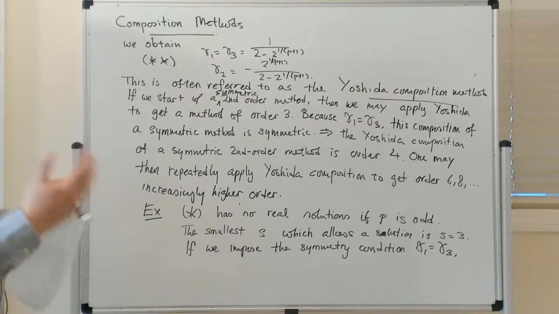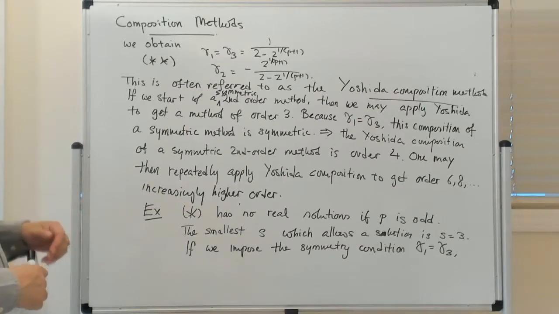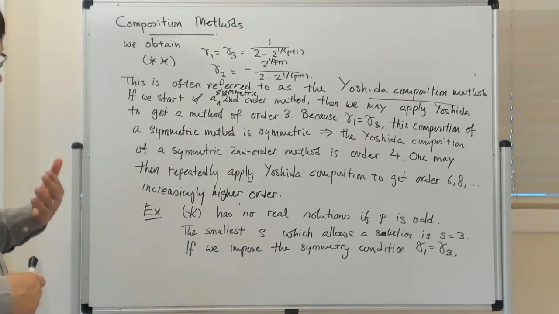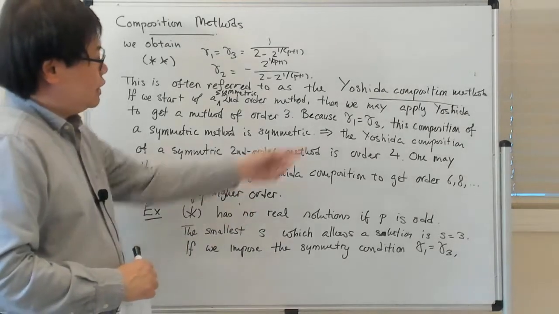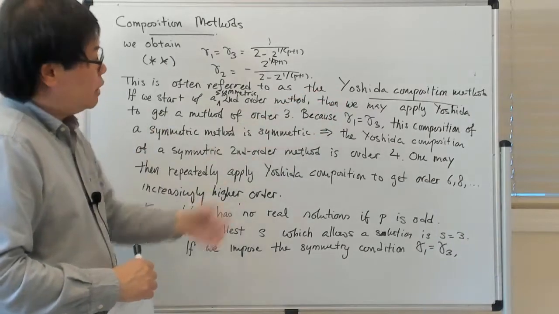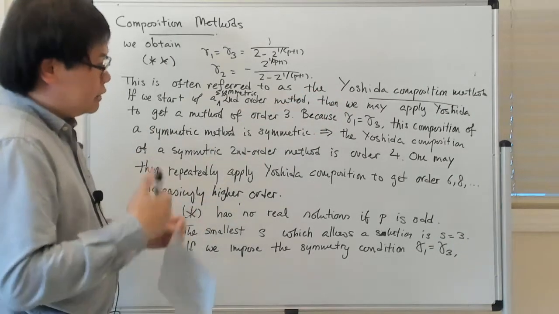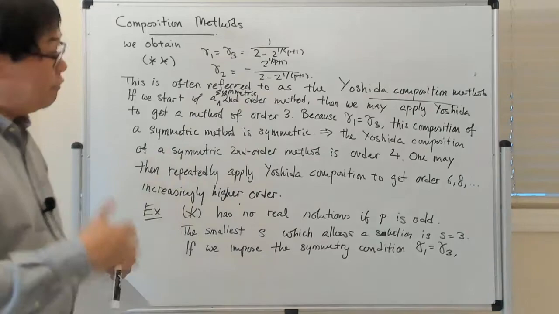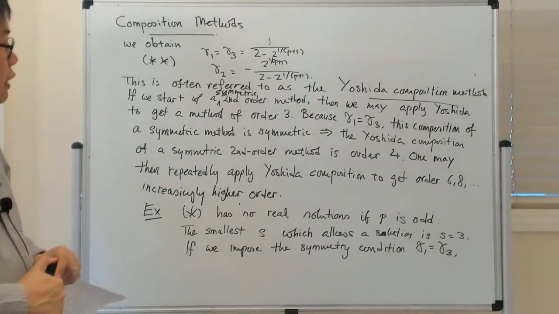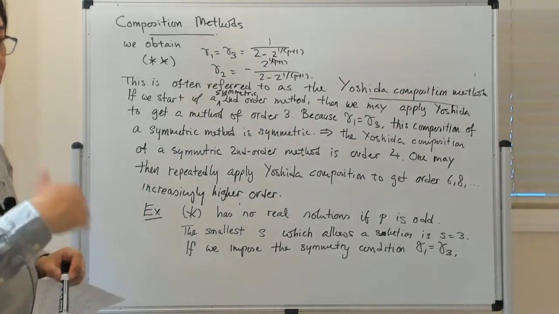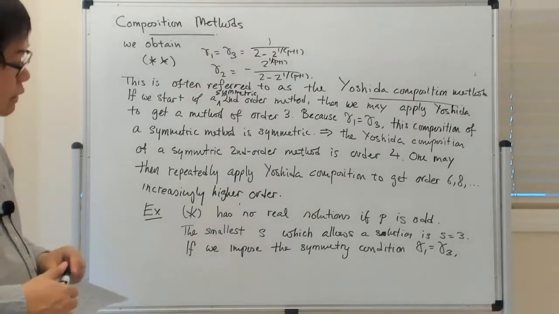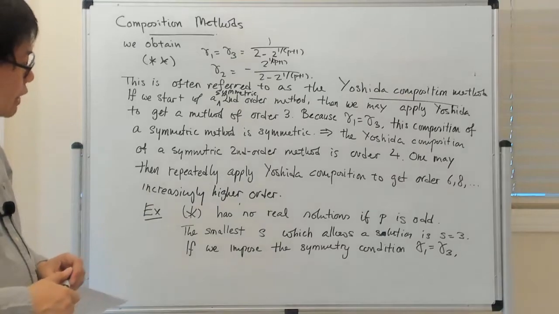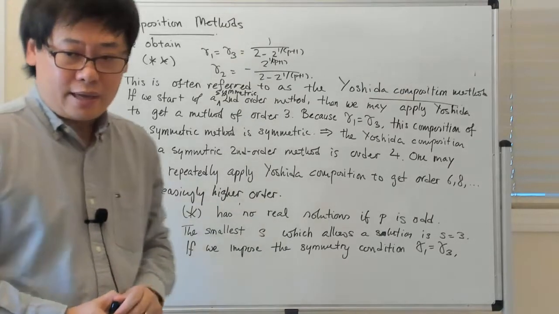You can take advantage of that to rewrite the constraints which gamma 1 to gamma s satisfy, and this revised version of the constraint equations, in order to get higher order, has real solutions even if p is odd. So let's look at that next.